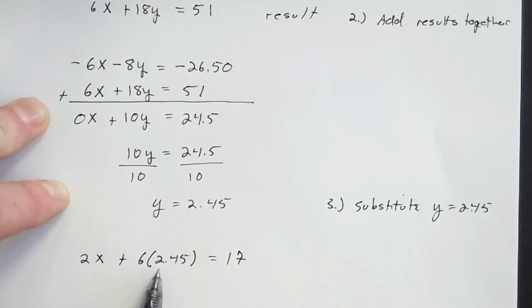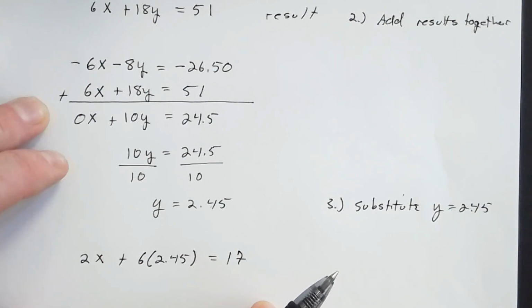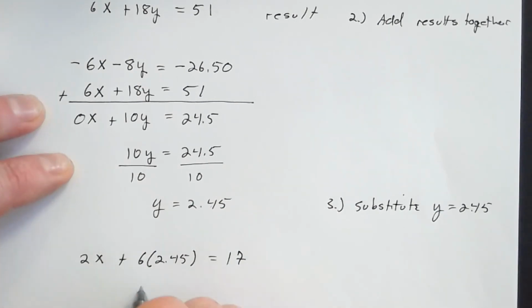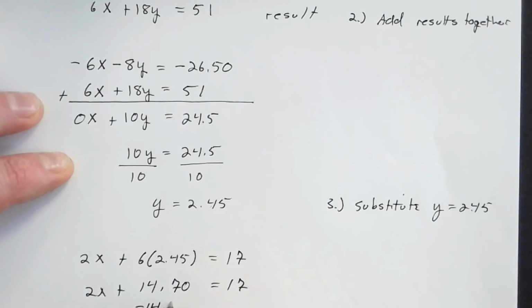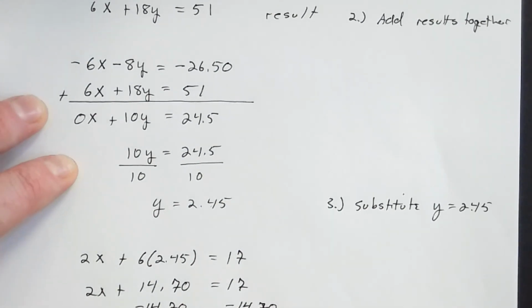What's 6 times 2.45? It's 14.70. So we have 2x plus 14.70 is equal to 17. Subtract 14.70 from both sides.